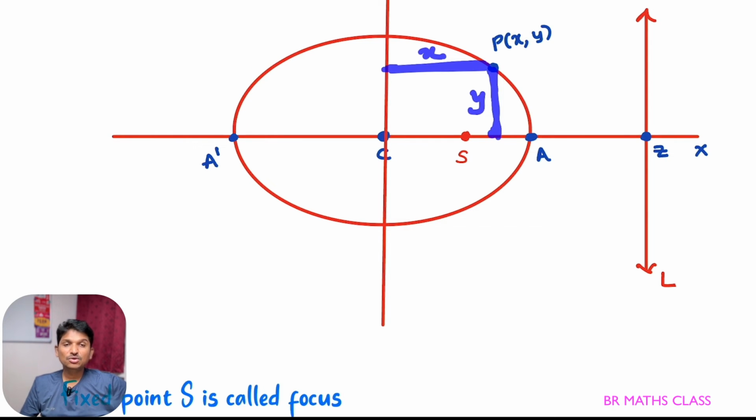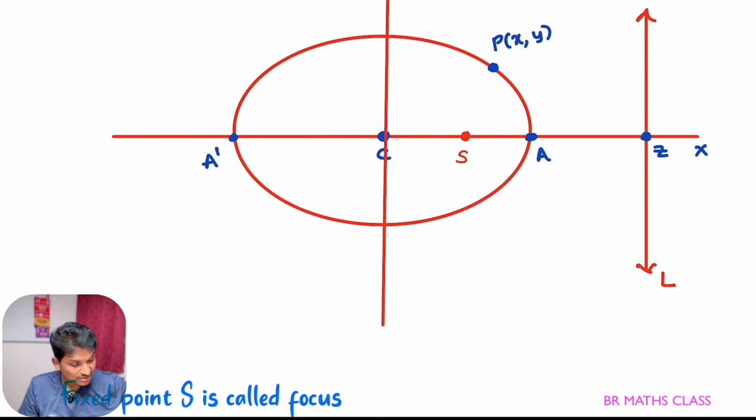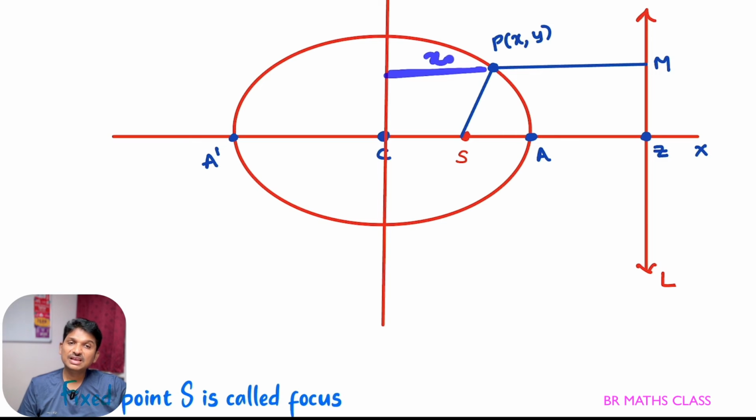Now I want PM. PM is the distance from point P to the directrix, and this is SP. Listen carefully. This length is x, this length is y. Now I just want this length only. What is CZ?